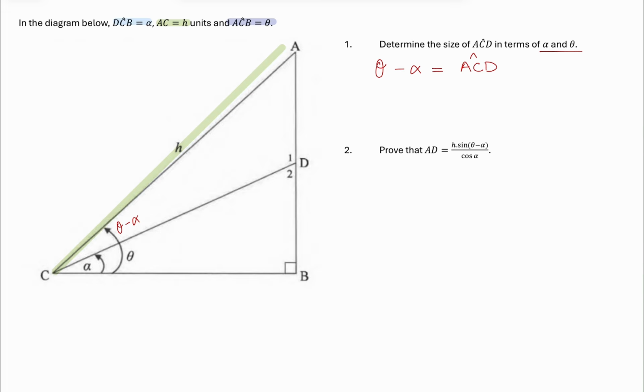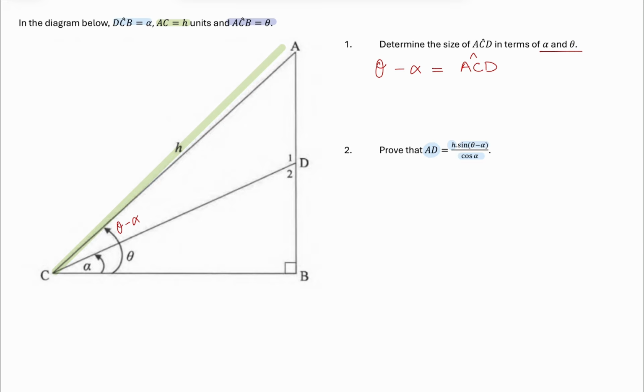Okay, now if we look at the next one, prove that AD is H sine theta minus alpha over cos of alpha. Now, what you need to take into consideration here is, are we going to have to use our sine rule? Are we going to have to use our cos rule? And usually when it's in a fraction form, although this one has cos, it's actually a sine rule.